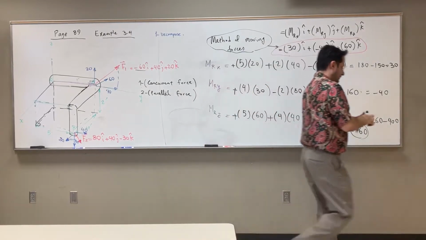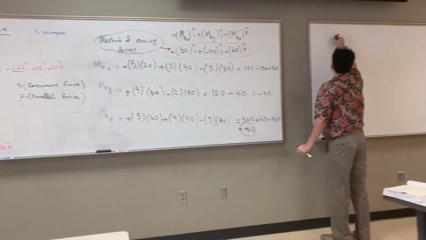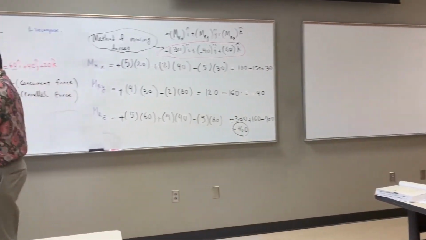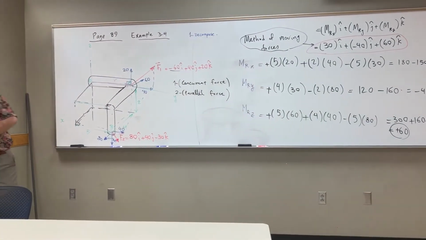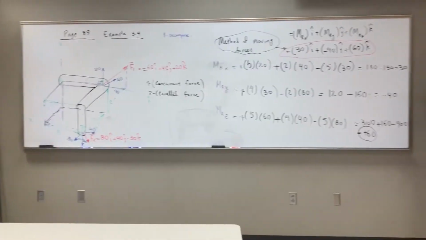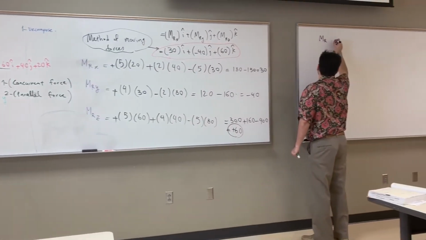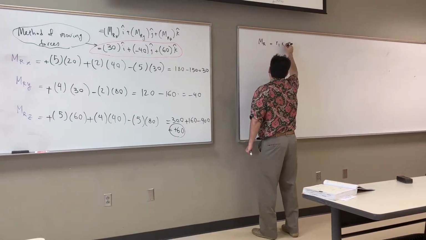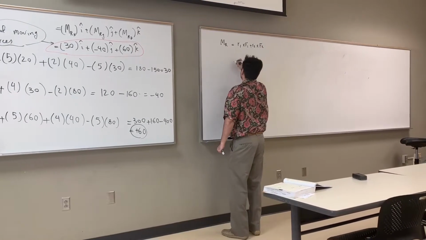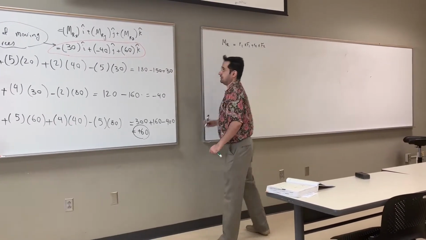Now for the cross product, the direct method. The resultant is equal to R1 cross F1 plus R2 cross F2. R1, what's R1?